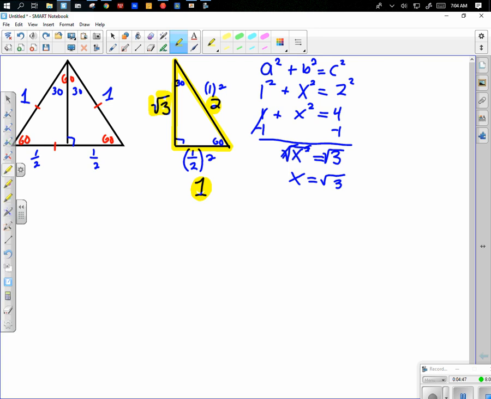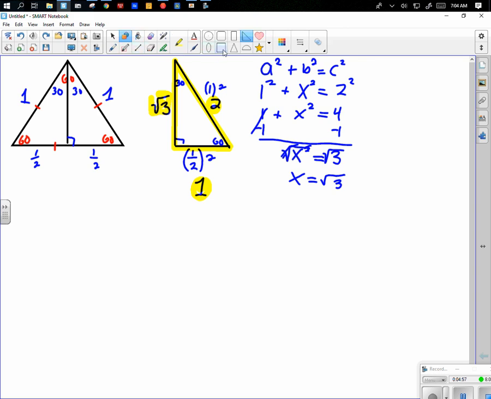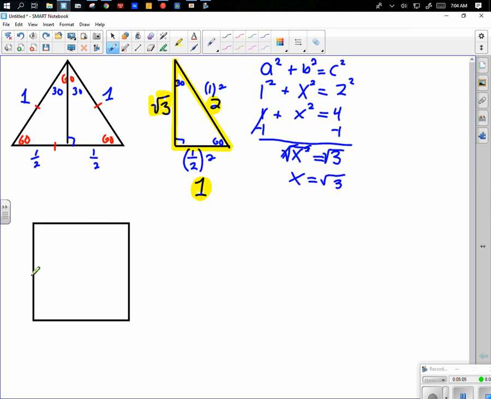Okay, now there's another special triangle, and that is called the 45, 45, 90 triangle. And the way to make the 45, 45, 90 is to start with a square. Now square, all the sides are congruent. They have the same measurement.